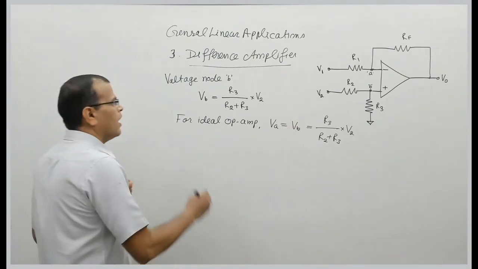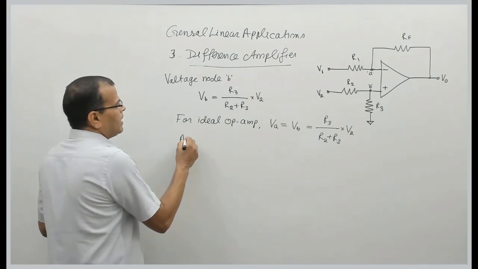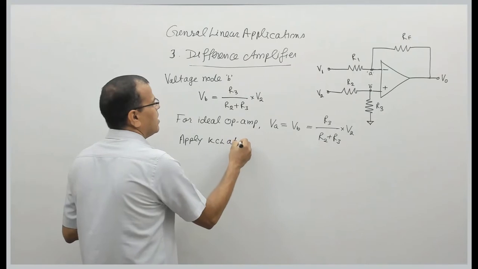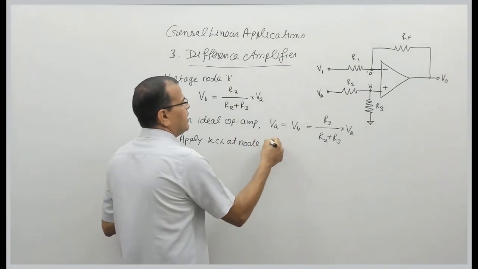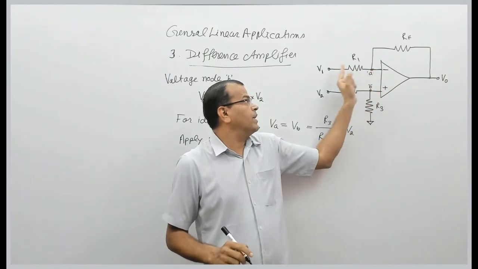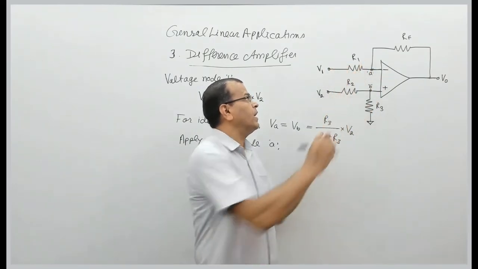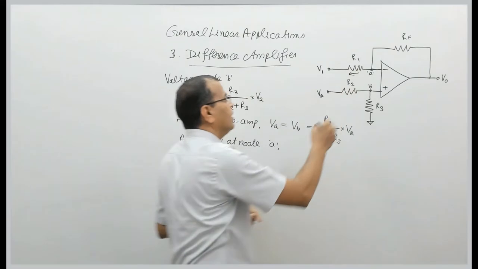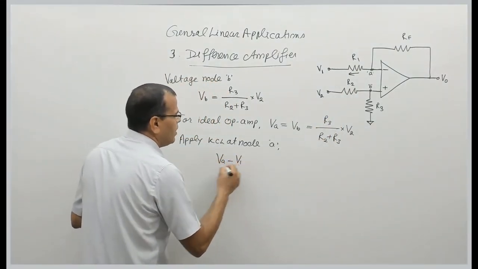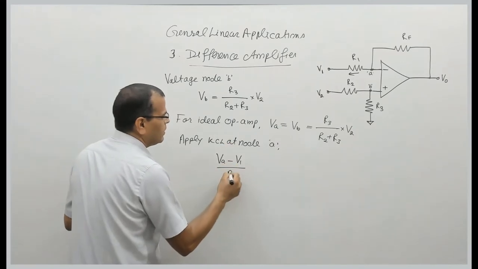Fine. Now apply KCL at node A. When you apply KCL at node A, this voltage minus this voltage divided by this resistance is the current going this way. So that is VA minus V1 divided by resistance R1.